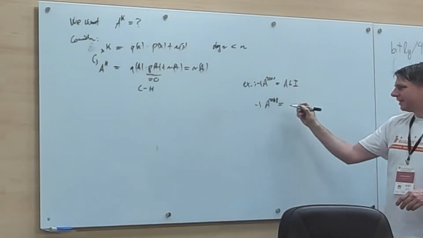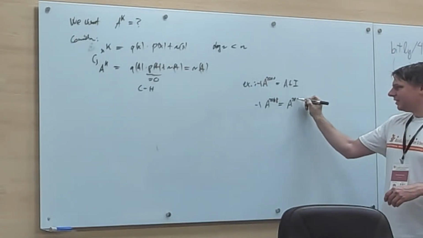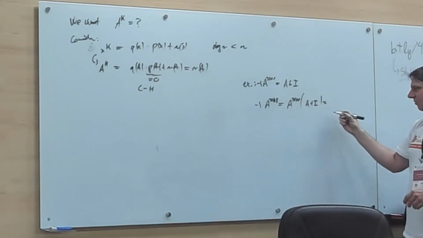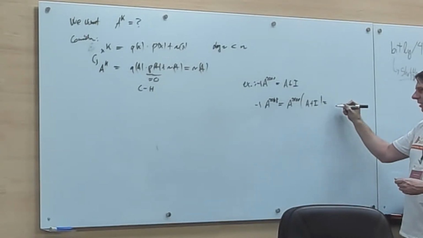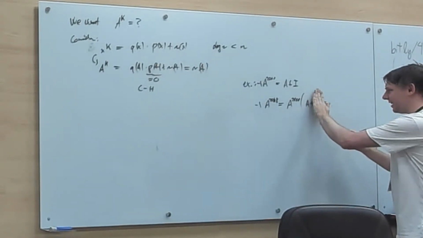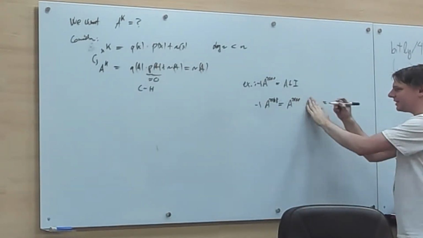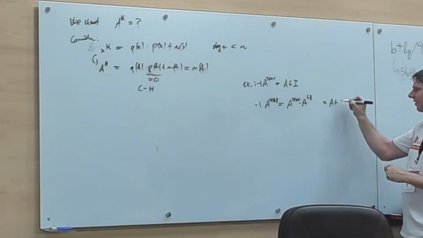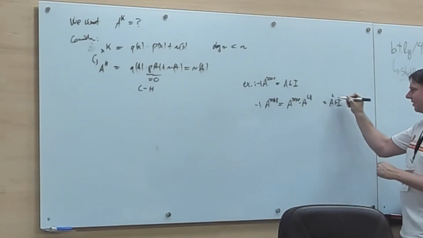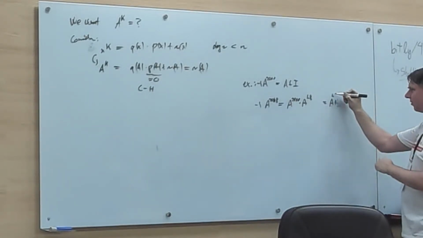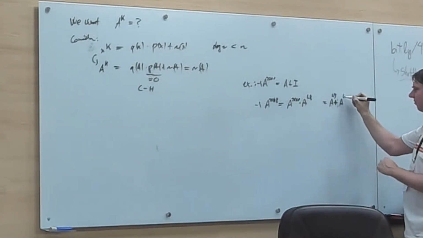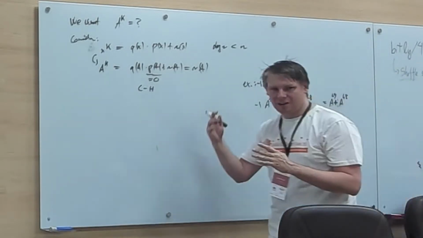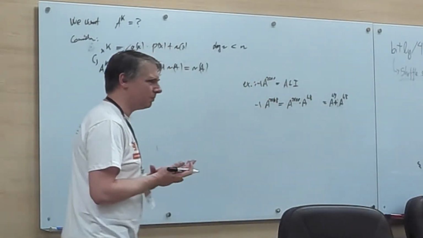Then the idea behind the reduction is this is A to 2000 times A plus I, and you would want to substitute here times A to 48. So you get A to 49 plus A to 48, something like that. This is the idea behind what we are going to do.